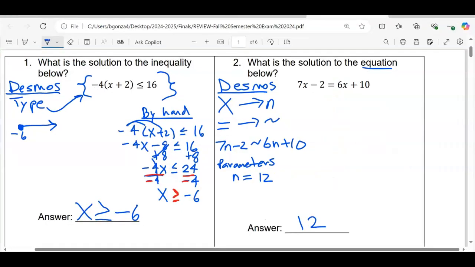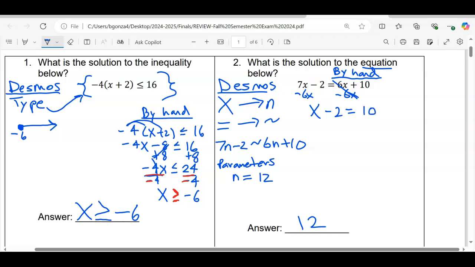All right. The other way to do it is by hand. X cannot be on both sides, so we're going to get rid of the smaller x. Minus 6x is the opposite. Minus 6x. 7 minus 6 is 1x. Bring down minus 2. Bring down equals. This canceled out.